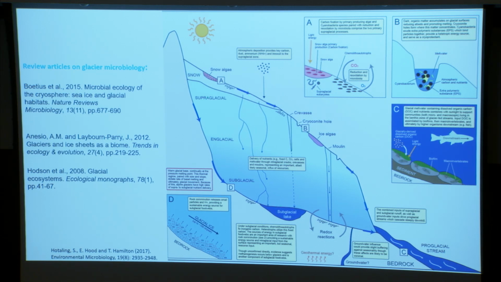And we move from a primarily photosynthetically dominated environment down to a chemolithoautotrophic environment within the system. So again, the idea I want to get across is that all ice is not the same, right? There are very different transition zones, different things that are occurring, but yet still quite a bit of connectivity between these in some ways.